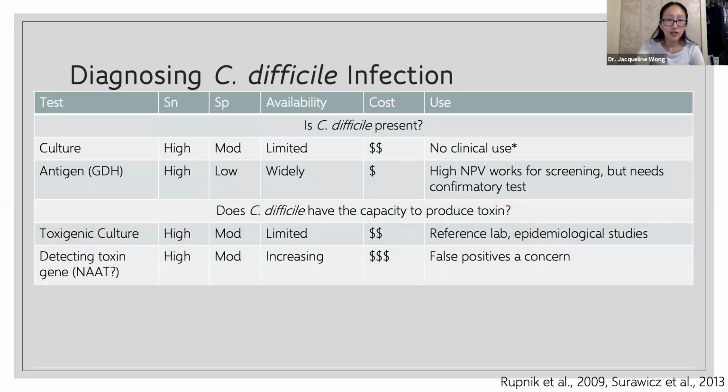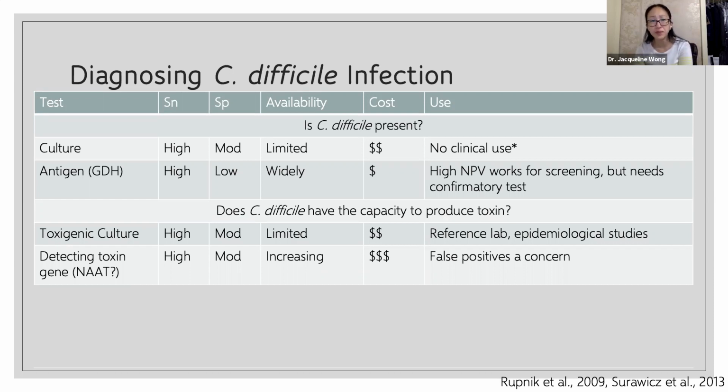The next group of tests answer the question, does the C. difficile that we identify have the capacity to produce toxin? So again, you can use a culture-based method, and we're looking for toxigenic culture-based methods here, where not only are you identifying C. difficile, but then you're taking those isolates and testing them using C. difficile cytotoxin neutralization assays, and you're looking for cytopathic effects.